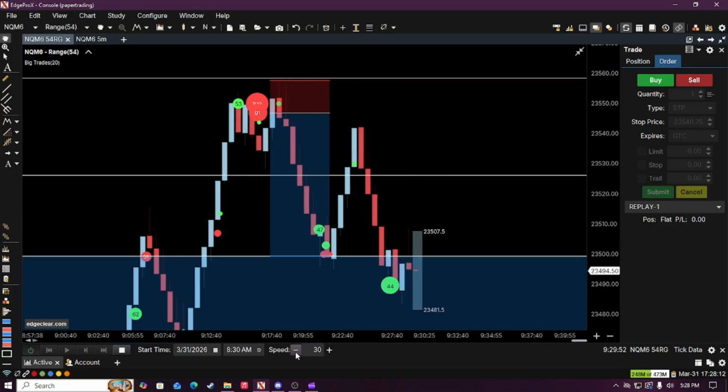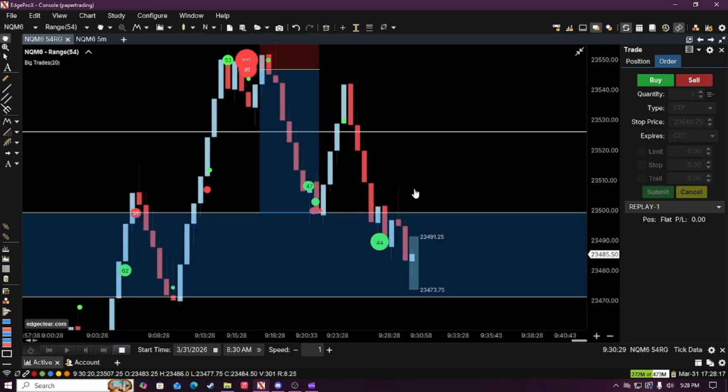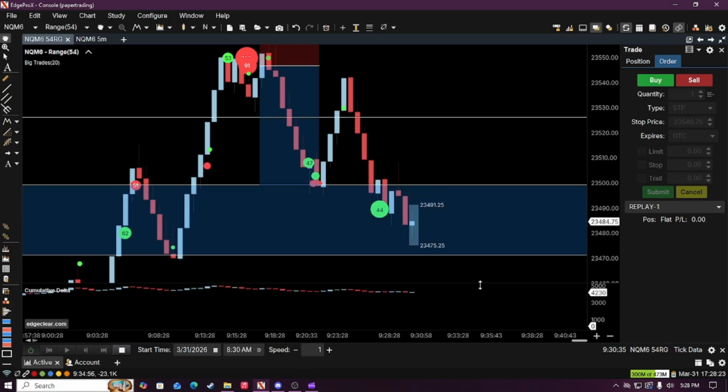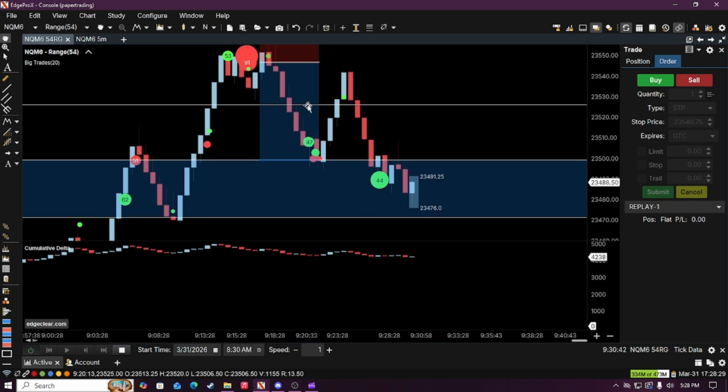As you can see, we have aggressive buying volume at the bottom on the low volume node. And on the delta, yeah, we're still doing a little bit lower lows in the delta, also on the price, don't get me wrong.